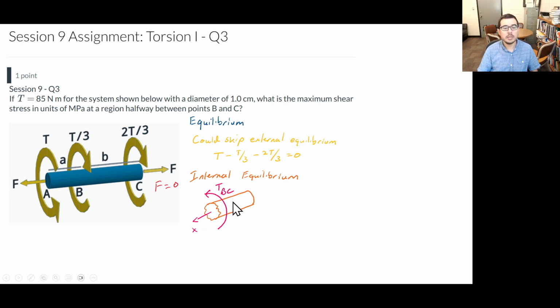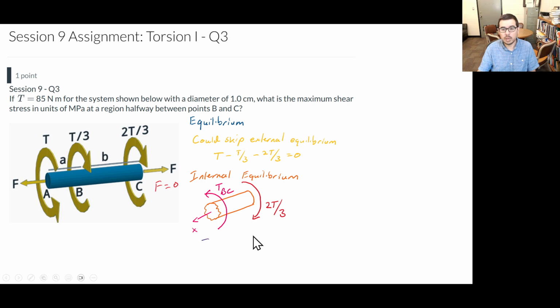This is true for axial loads, and it's true for torques as well on shafts. So we're going to call this TBC, meaning it's a torque in between B and C. There are no additional external torques between B and C, so we have a pretty good understanding that the internal torque is going to be constant between B and C. On this back end, we have the externally applied torque that was given in the problem.